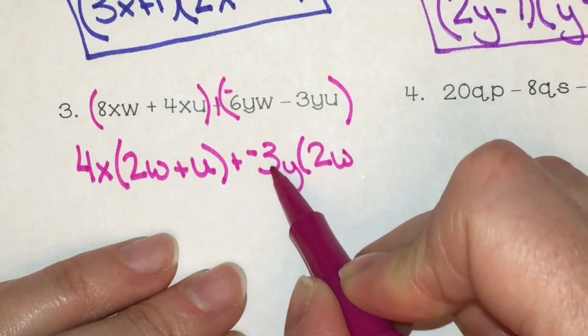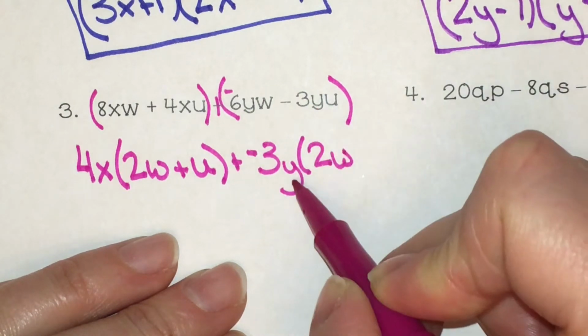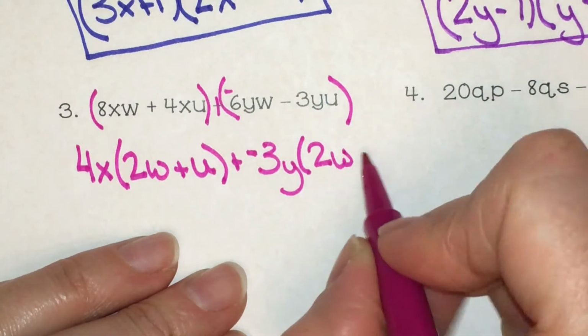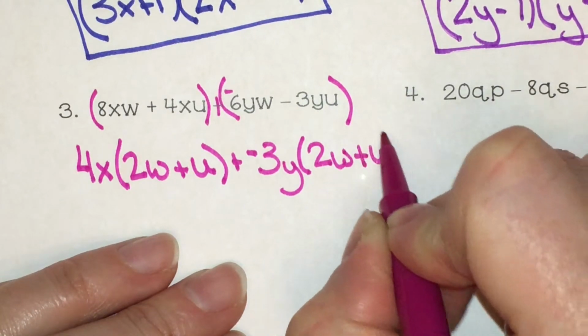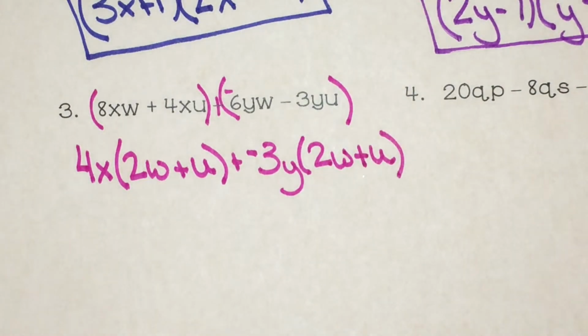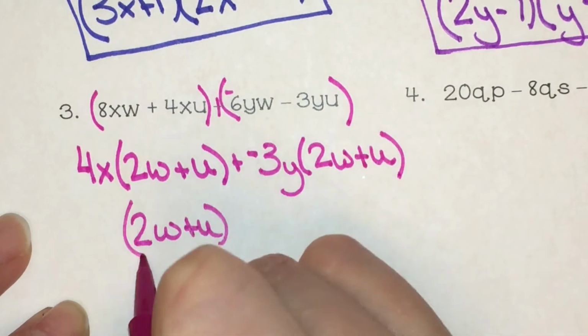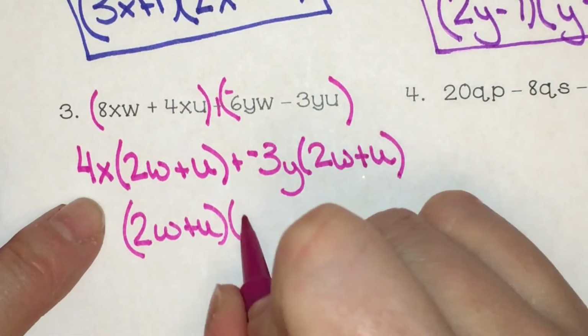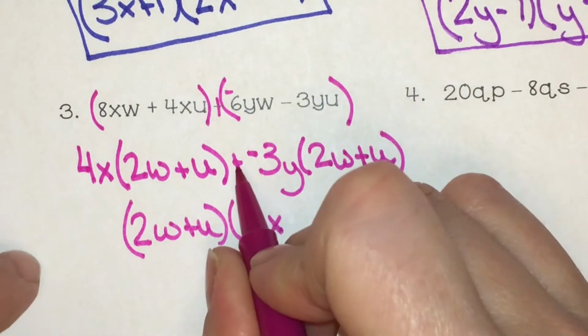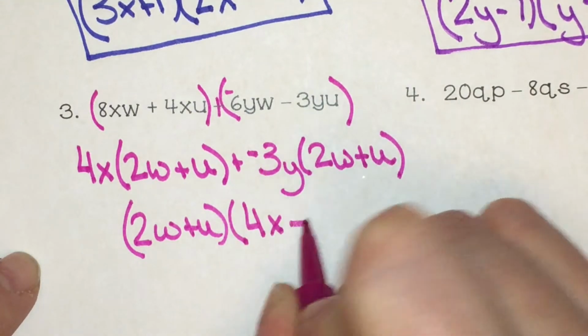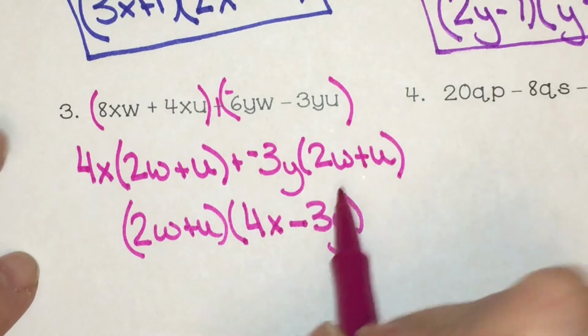Negative 3 divided by negative 3 is positive 1. y divided by y is 1. So we're left with just a positive u, or plus u. So greatest common factor, 2w plus u. And multiply it by what's left over, 4x, either plus a negative or minus 3y.